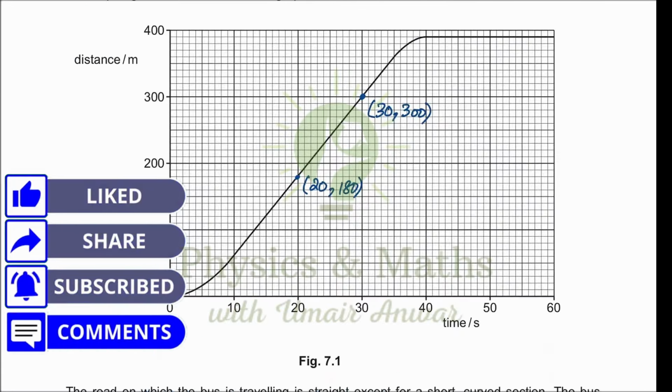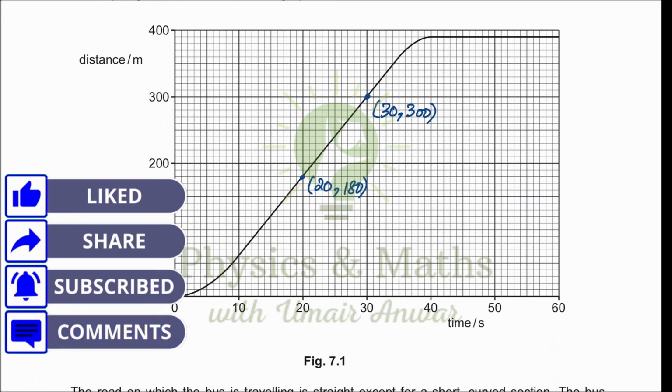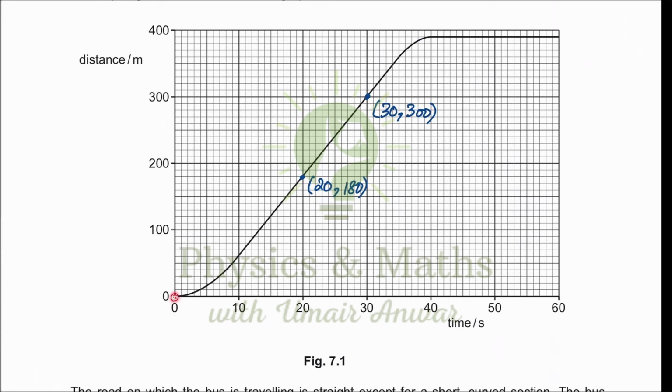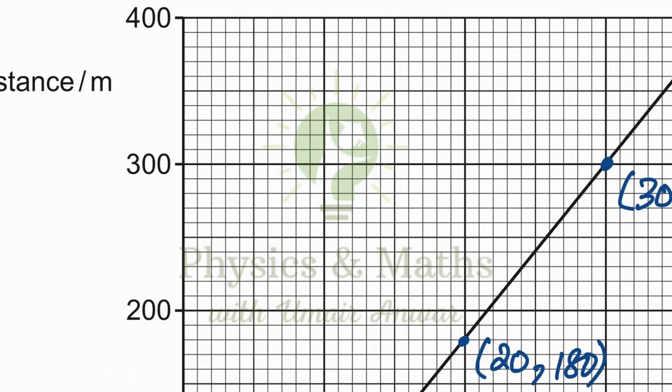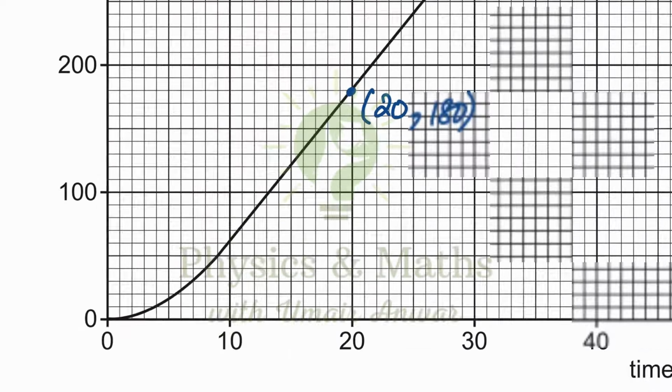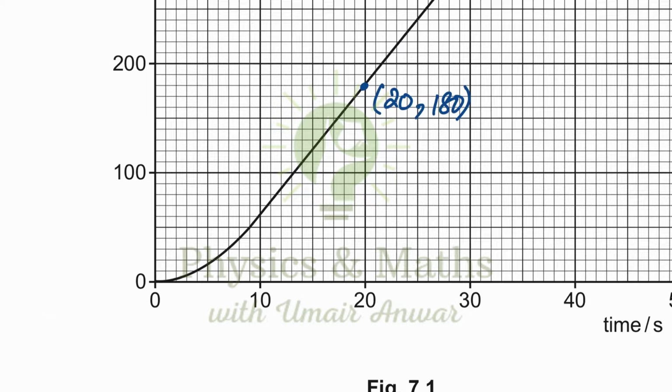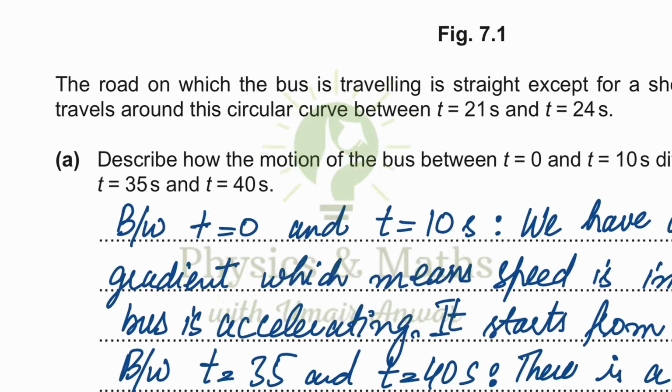So we can see that the bus left the first bus stop at this moment and reached the second bus stop at this moment. So there is an interval of 40 seconds between these two things. Secondly, if we check out the total distance covered by the bus, then it would be this much. So it is a value of 390 meters, or the distance was 390.